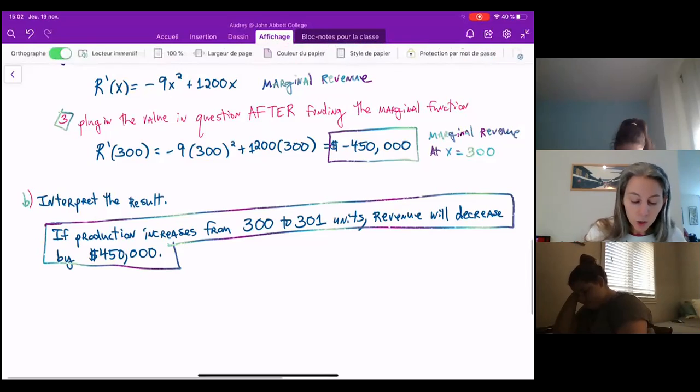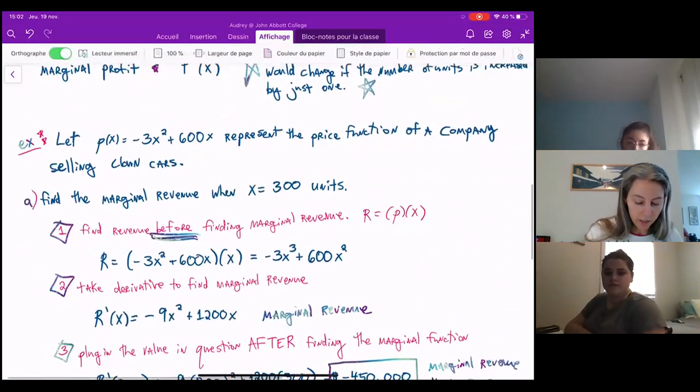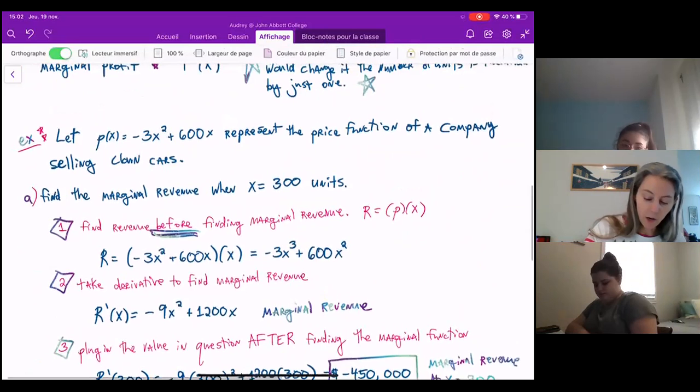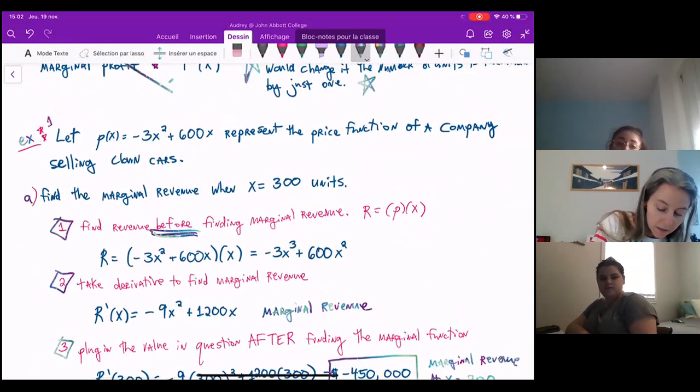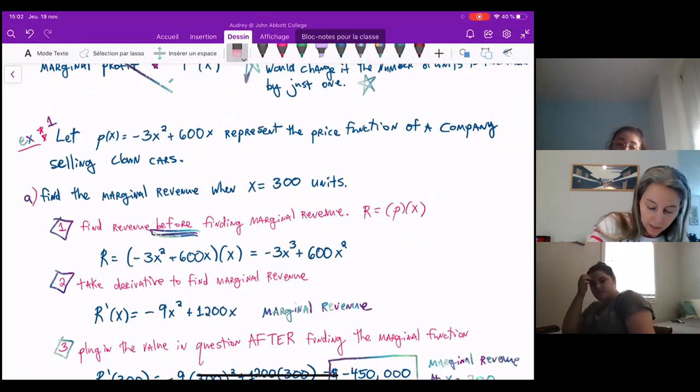Okay, so next, our question 2. Actually, I'm going to go up here and put this as a 1, because this is going to be a multi-part example. So here we have this as 1.